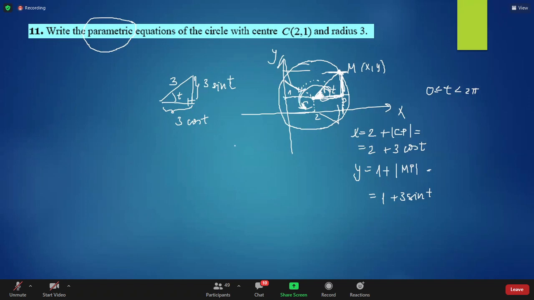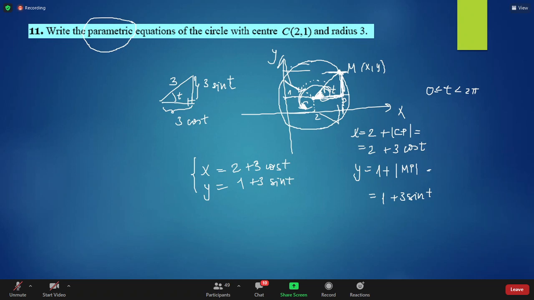X is 2 plus 3 cosine T, and y is 1 plus 3 sine T. These would be the parametric equations of the circle. So when you need to write parametric equations for a circle, remember that having sine and cosine is the best thing that we can have.